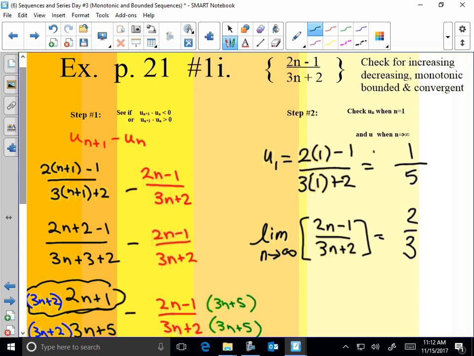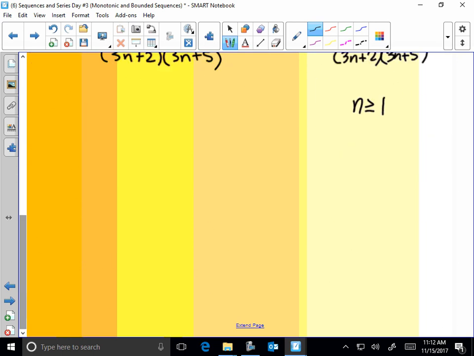Does it increase the whole way? Yes. So that makes it bounded because it will go from the lower limit up to the upper limit, and it'll never go above that upper limit. So it's always increasing. So we can say now that this is monotonic increasing. That's due to step 1, which we proved in step 1.